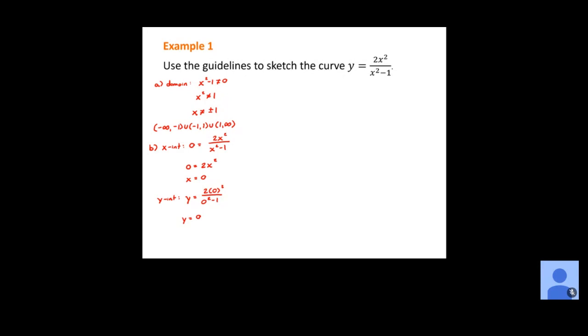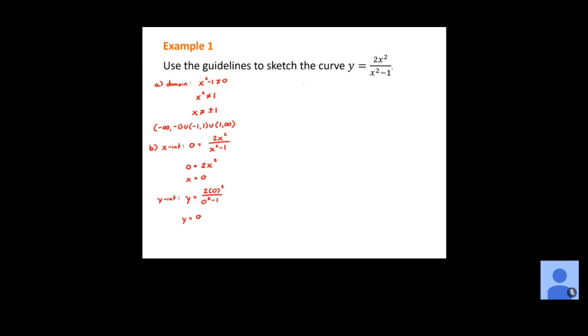If you have an x-intercept at 0, your y-intercept has to be 0 because it has to go through the origin. And remember, there can only be one y-intercept. So just keep that in mind when you're finding x and y-intercepts. If you already know the x-intercept is 0, you're going to have a y-intercept at 0 in that case. All right, so there's our intercepts.